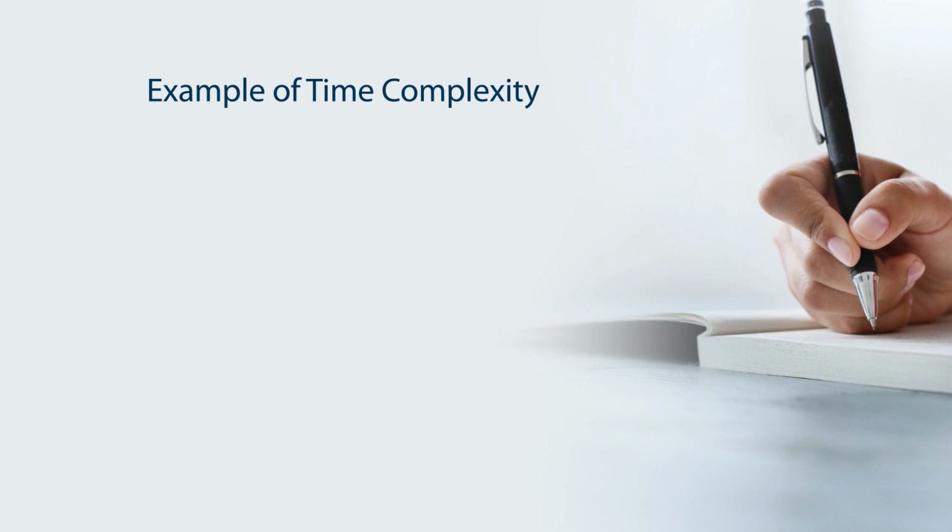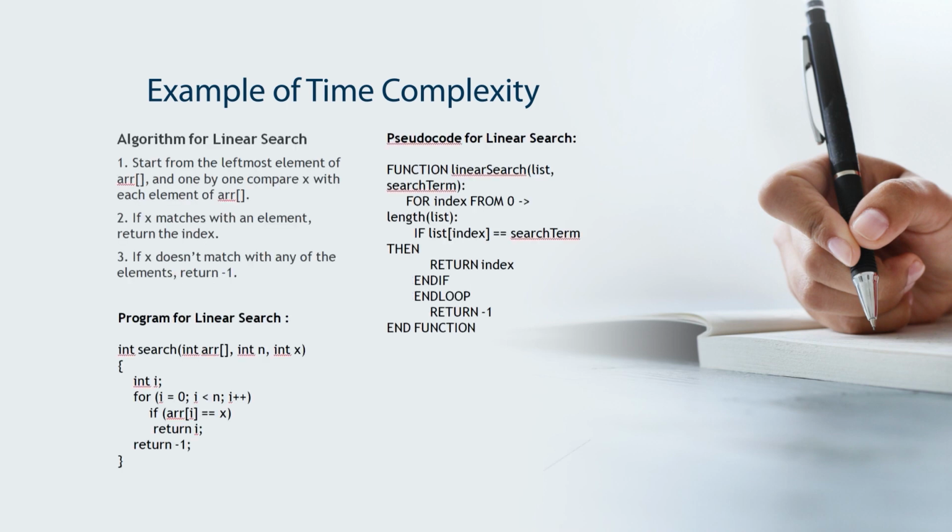I have taken one example of linear search. When we write the algorithm of linear search, we can write in this way. When we write the pseudocode of linear search, here we can write linear search with list, search item, which item you want to search for, and index. So, this is plain English-like language, and we can write pseudocode in this way.